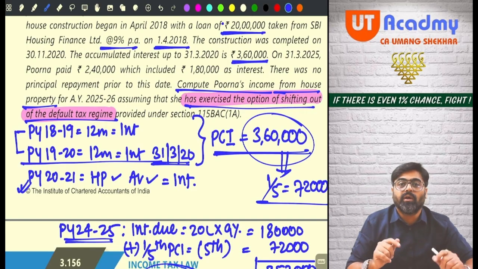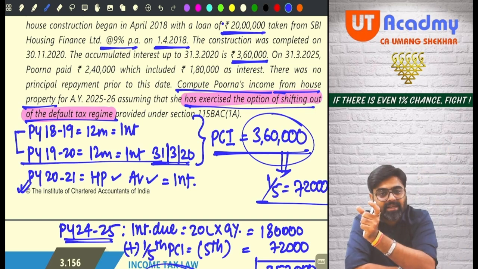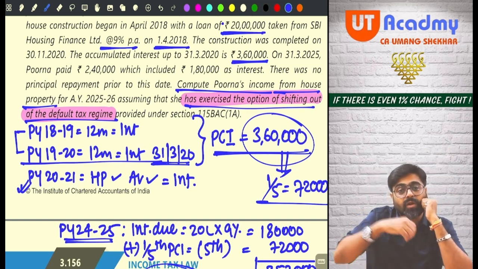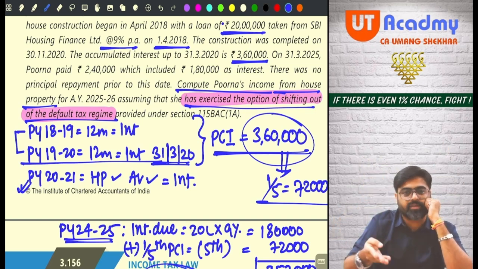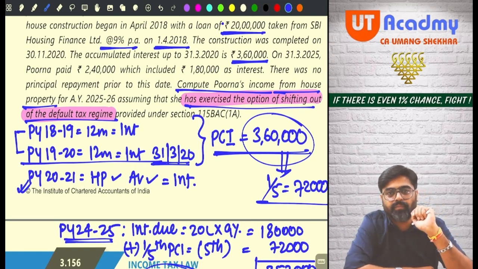What will I write? SOP at Bangalore. I will directly start from GAV. I will not write municipal value, fair rent, etc. I will directly start from GAV. And in the bracket, I will write a note. As per section 23(2), the annual value of any two SOPs at the option of the assessee is exempt.